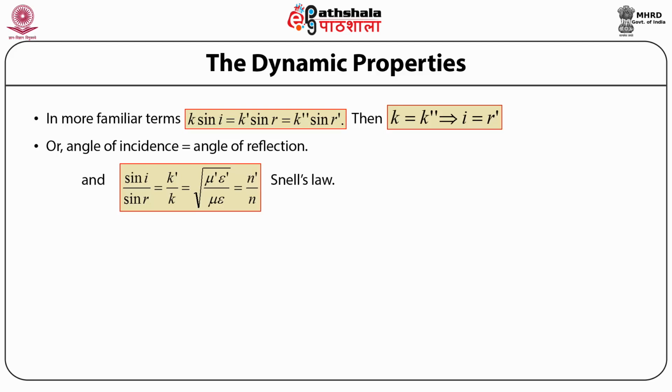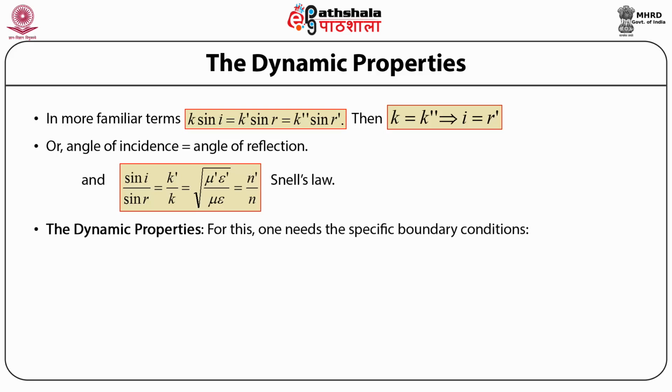Further writing this ratio of k prime and k in terms of the magnetic permeability and electric permittivity as defined above, we get sine i by sine r is equal to under root of mu prime times epsilon prime by mu times epsilon, and this is equal to n prime by n, where n prime is the refractive index of medium 2 and n is the refractive index of medium 1, and this is what is popularly known as Snell's law.